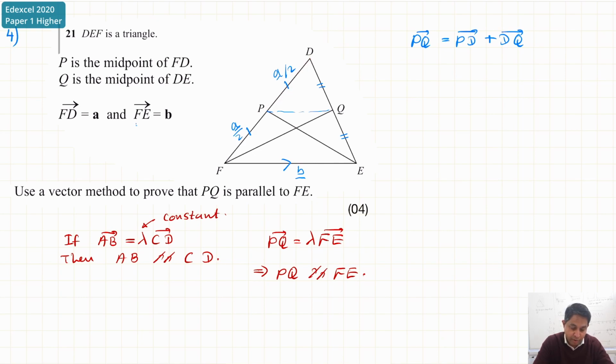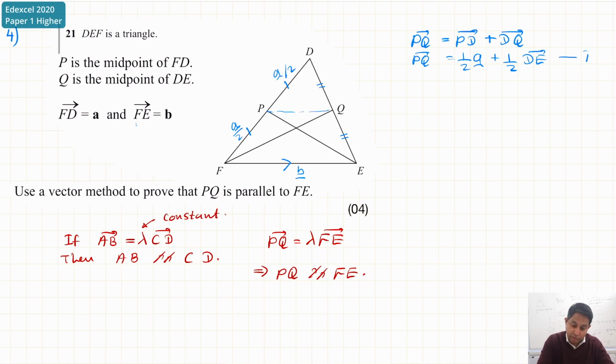We know vector PD is half A and vector DQ we can write as half DE. So we can write vector PQ equal to half A plus half vector DE.